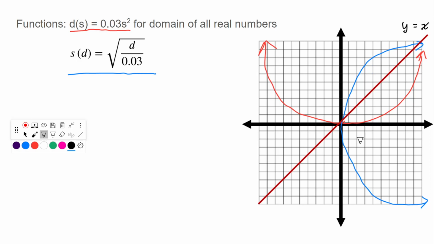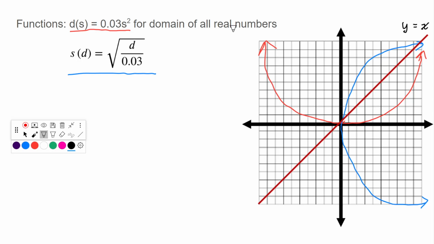When we look at the inverse, when the domain of our initial function is all real numbers, our inverse is not a function. Our inverse has two outputs for every input with the exception of the vertex. So that means that the function for the domain of all real numbers is not invertible.